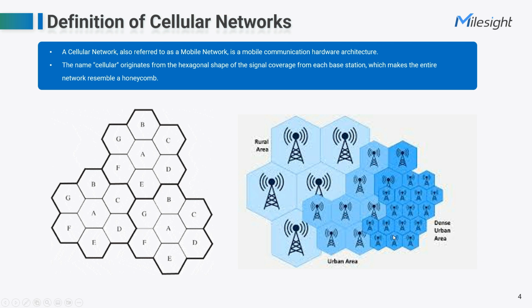In cities, these cells might be only 800 meters apart. Out in the countryside, they could be as far as 8 kilometers apart. And as you move between cells, your phone automatically switches to the new tower's signal, smoothly and without you even noticing. Pretty cool, right?